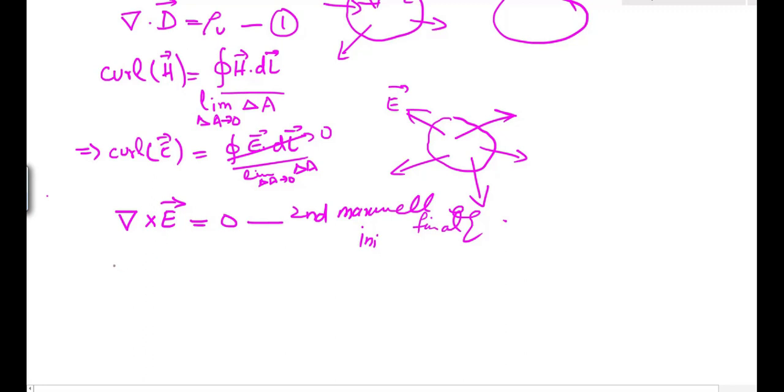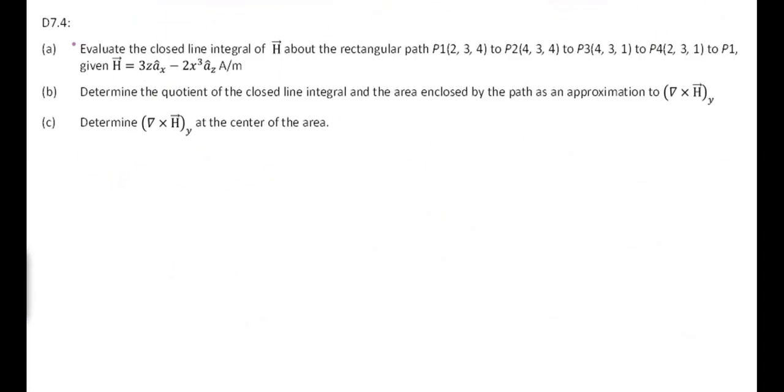Now to further consolidate our concepts of the point form of the Ampere Circuit Law, that is the curl of the magnetic field intensity, let's solve an example. In this example, that is drill problem 7.4 in the book, we are asked to evaluate the closed line integral of H over a rectangular path.